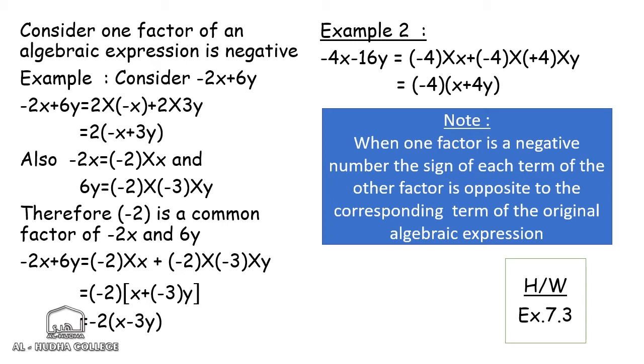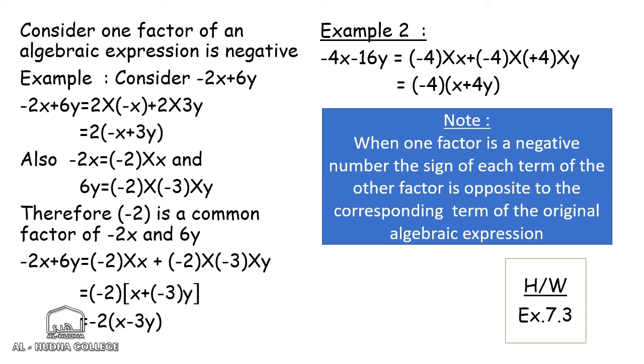While reading this note, look at the answer of example 2. When one factor is a negative number, that is minus 4, the sign of each term of the other factor, the sign of x and the sign of 4y, which are both positive, is opposite to the corresponding term of the original algebraic expression.